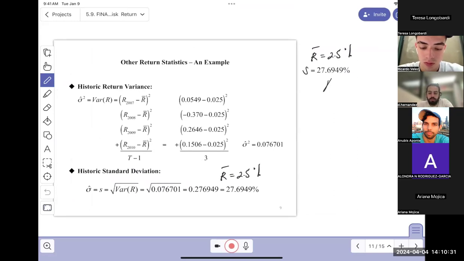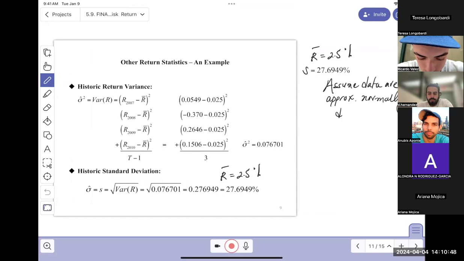Well, if I assume the data are approximately normally distributed, what can I say? Well, first of all, how can I do that?